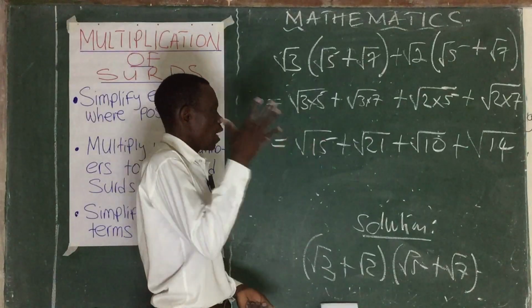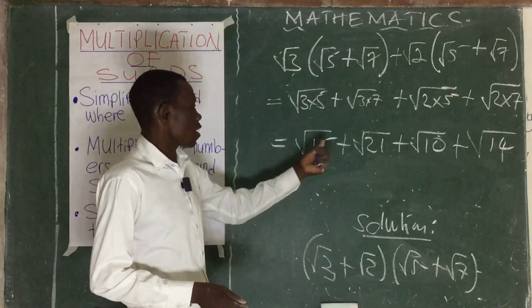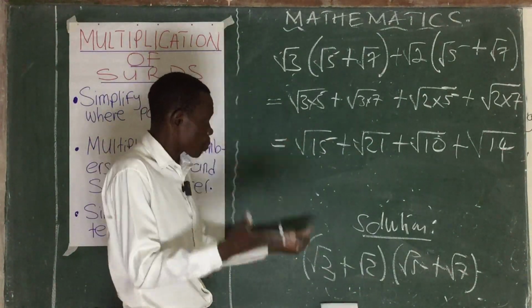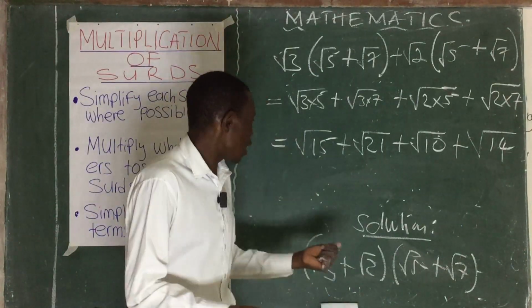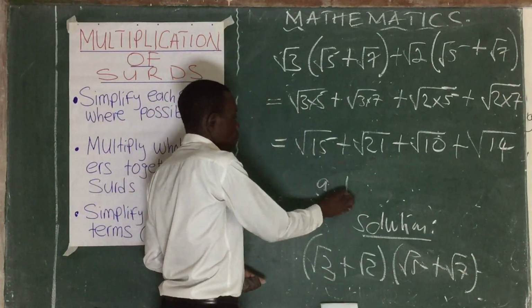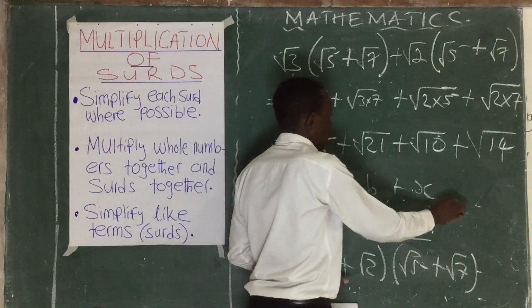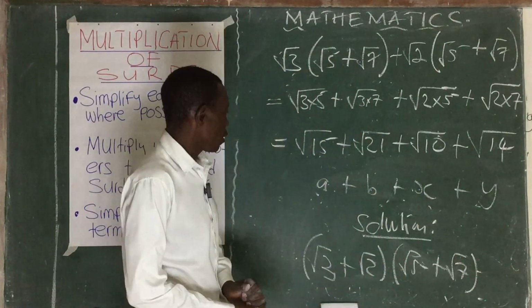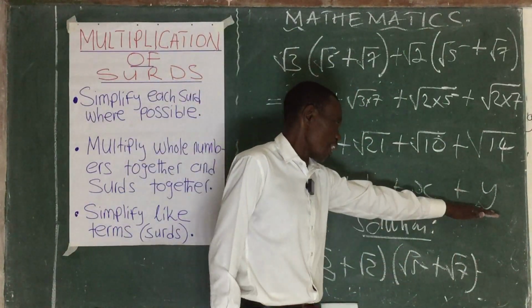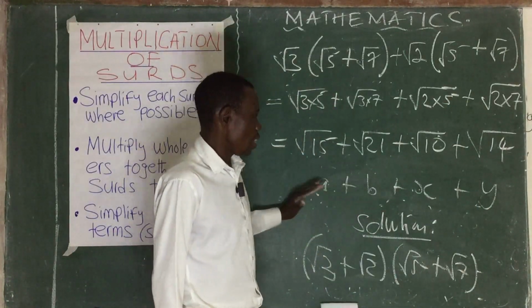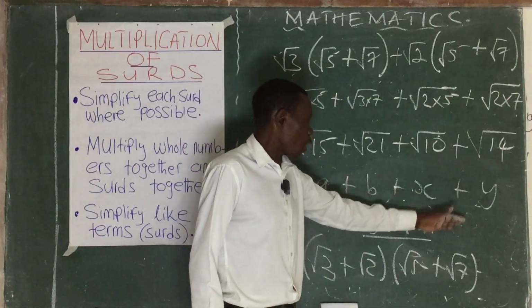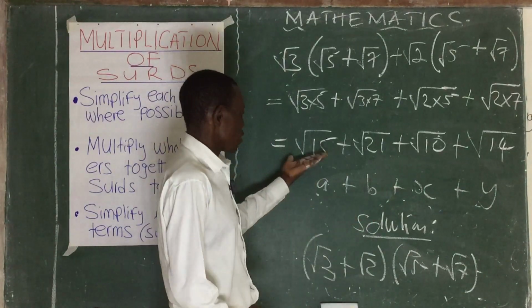Definitely, if you apply what we've been doing in the algebraic process, this is as good as writing any other kind of expression, but with different variables. Like say, for example, one can write a plus b plus x plus y. That's what it means there. So we cannot manage to simplify such type of terms in algebraic processes. But now what we do here, we also do the same.